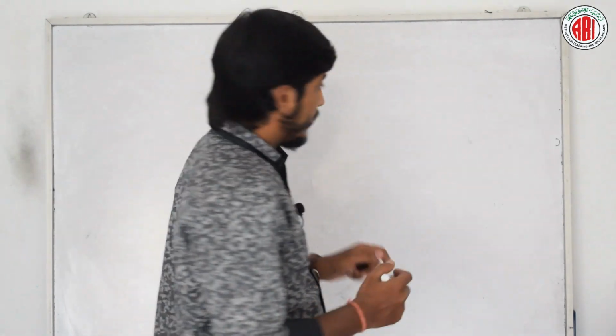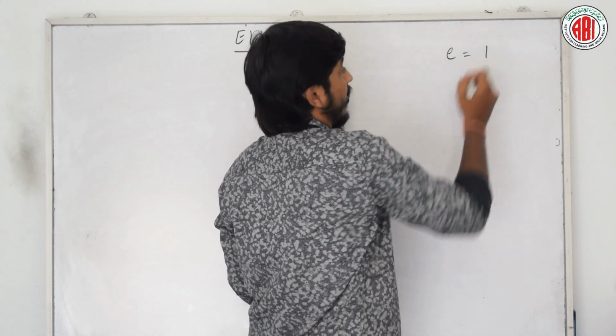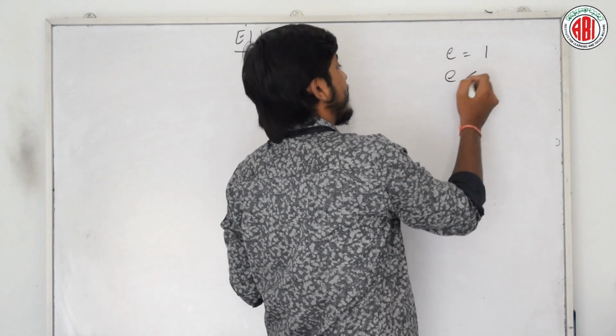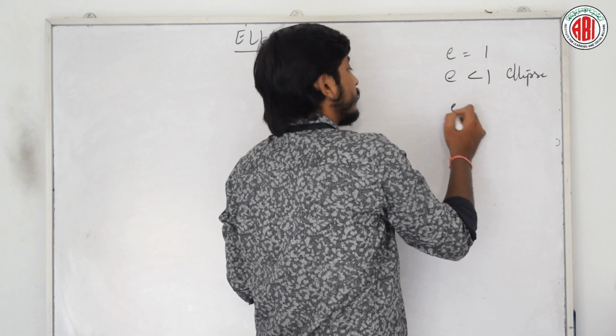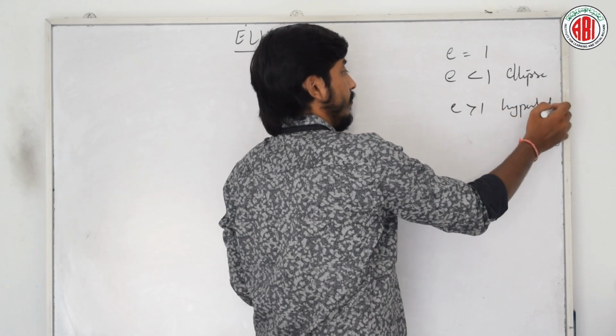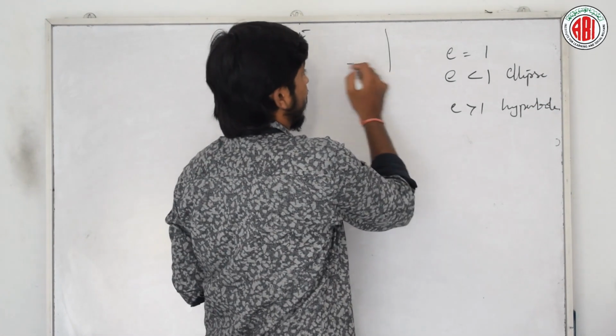Eccentricity is 1 for parabola, less than 1 for ellipse, and greater than 1 for hyperbola, right? That's why you will find the difference between the shapes.